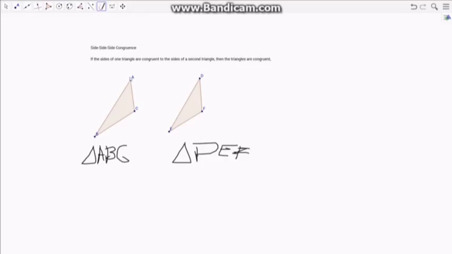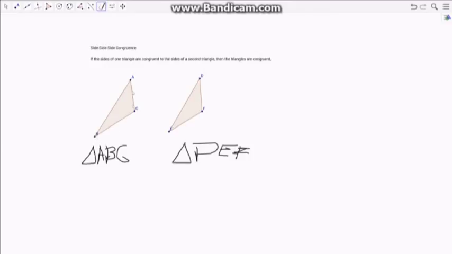According to the side-side-side congruence, or three sides congruence, if the sides of one triangle are congruent to the sides of the second triangle, then the triangles are congruent. What are these sides? These sides are side AB, side BC, and side AC.